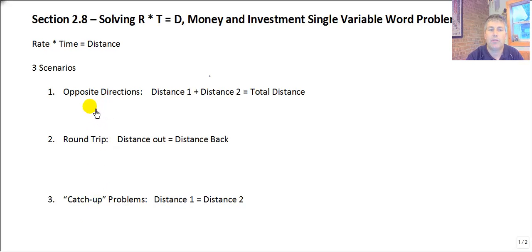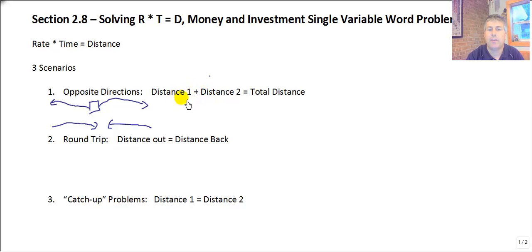An opposite direction problem would be a problem in which both things start in the same place and travel away from each other. Or it's possible that they start away from each other and move towards each other. That second example is still one in which they're moving in opposite directions, but they're moving towards each other.